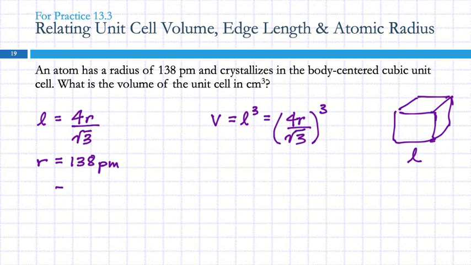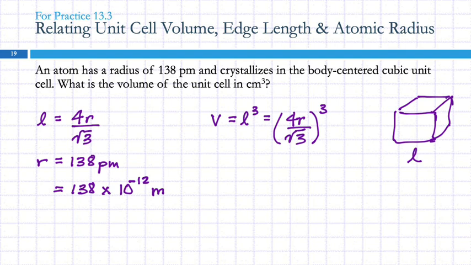So one way we can do that, we can convert this to meters very quickly by probably looking up what pico means. It's 10 to the minus something. It's smaller than nano. Nano's minus 9, so this is minus 12 meters. So except for deci and centi, all of those powers are multiples of 3.